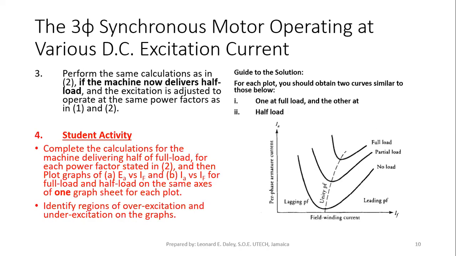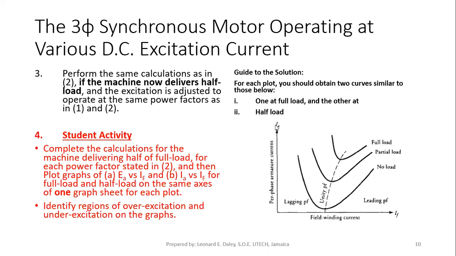to finish these calculations. So you should perform the same calculations if the machine now delivers half load for the same kind of power factors that we had before. All right, and when you have done that, you should plot graphs of EA versus IF and IA versus IF for full load and half load on the same axis.